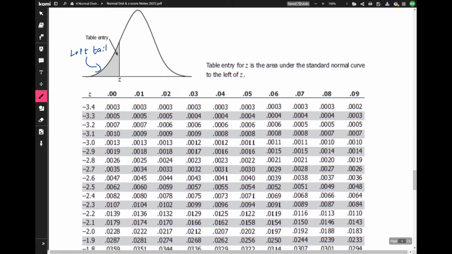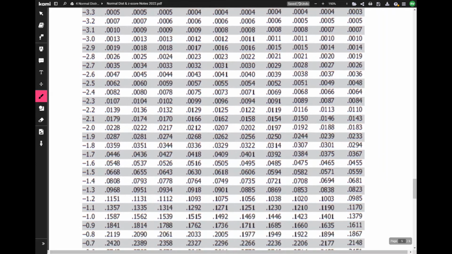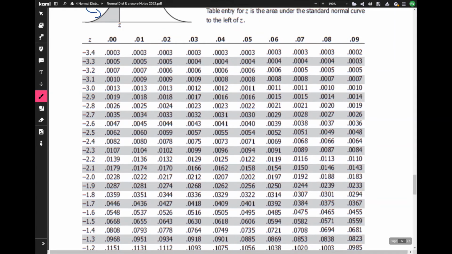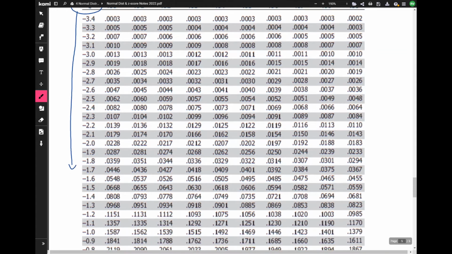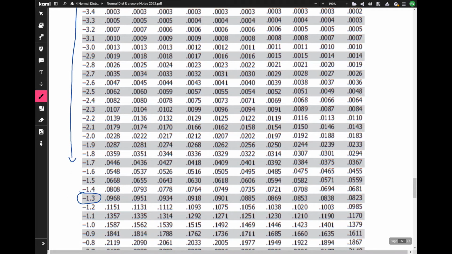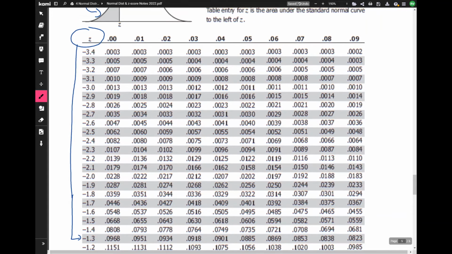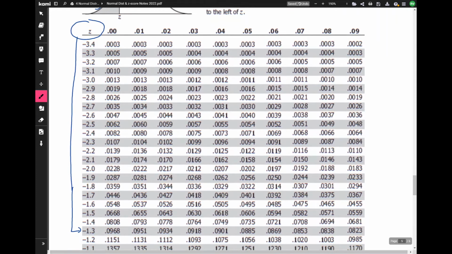So let's find negative 1.33. The first thing you do is look at this column, and we go down until we find negative 1.3, but we're not done yet. We also find the hundredths place, which is right here.